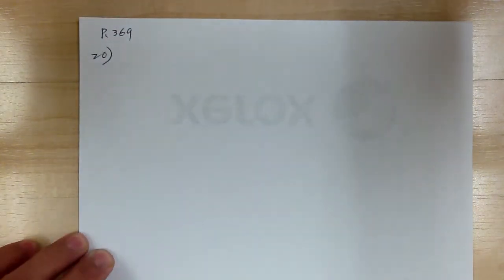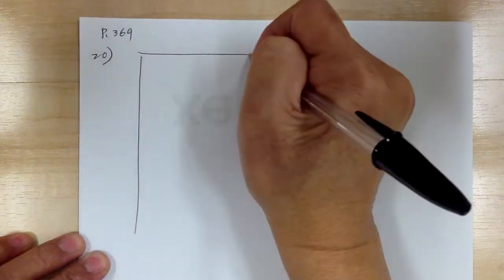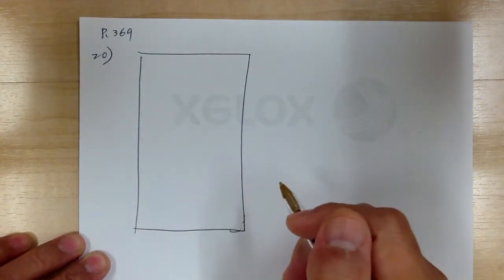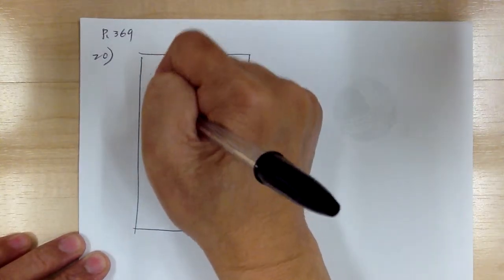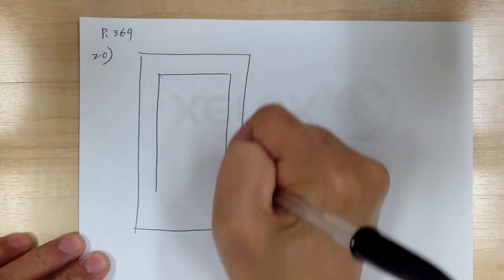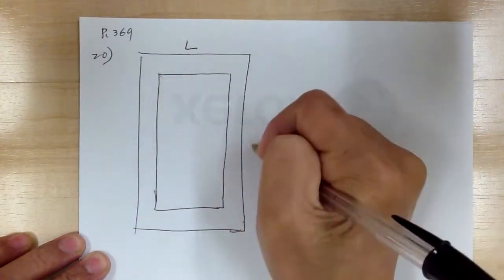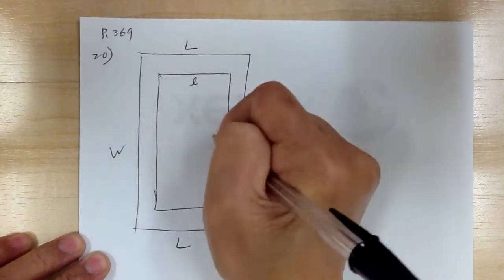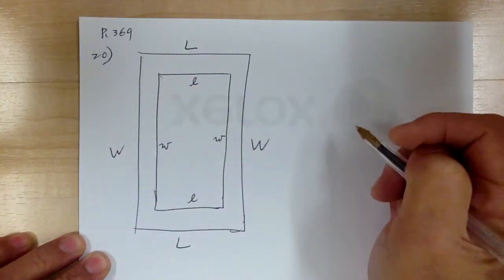So you can read the story first, and then you do that. Okay, and so you have the paper, and then you have the margin, and you have the text inside, right? Okay, so you can do the same thing, label length, width, and you're going to get a small l, small w, small l, small w, right?